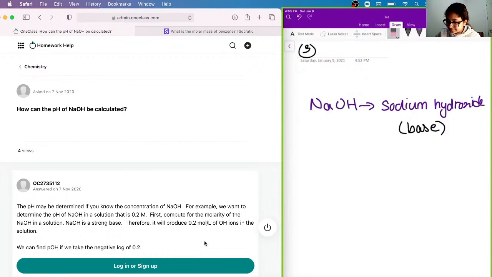We're trying to determine the pH, and to determine it, we need to know the concentration of NaOH, of sodium hydroxide. That is very crucial.